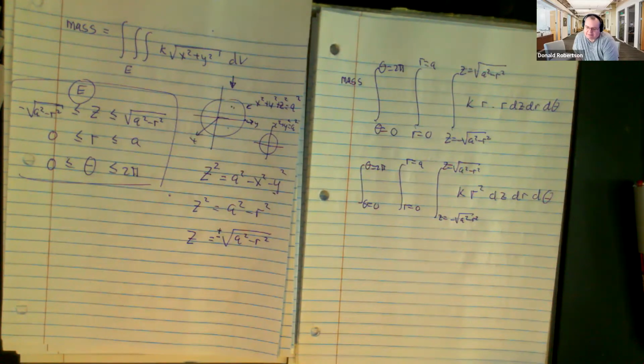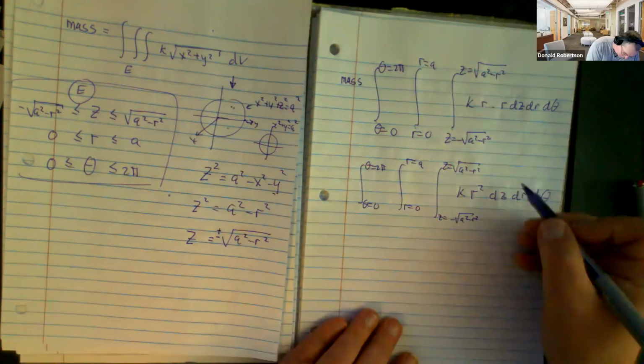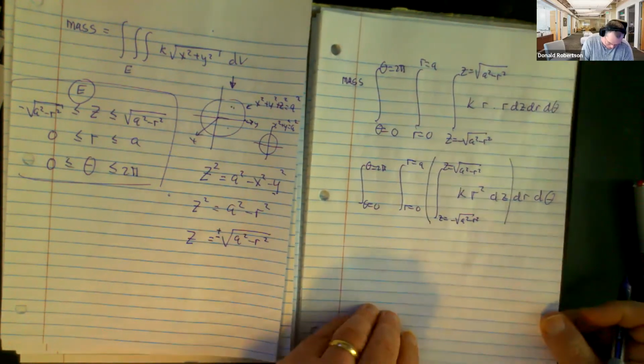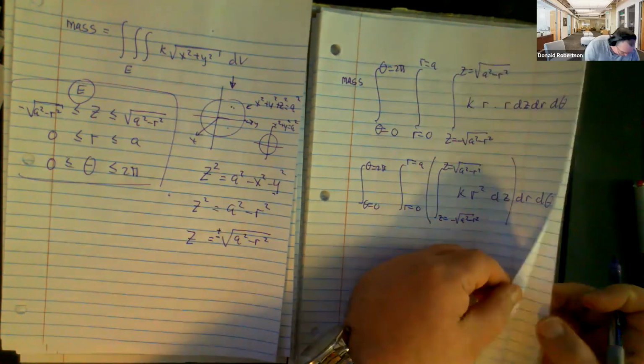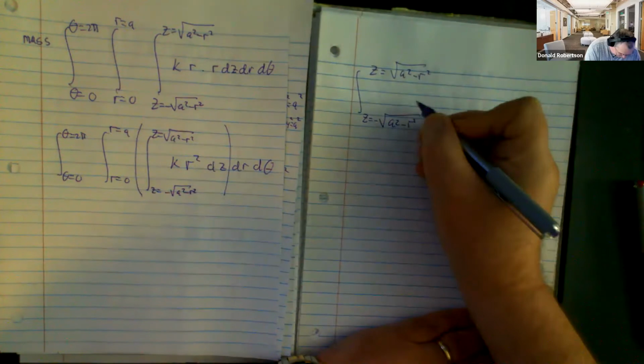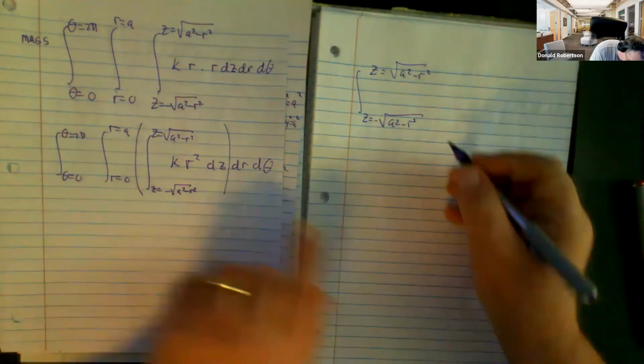Right. Going to do one level of integration. Let's focus on just that guy. And I think I'm going to need quite a lot of room, so I'm just going to do it over here. If you integrate, well, let's put this in first.